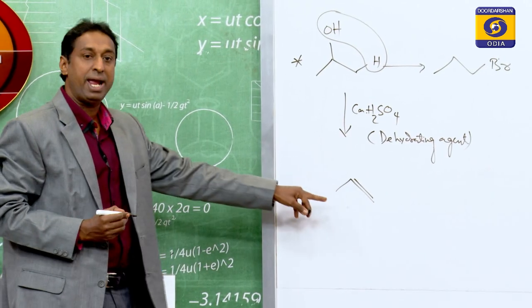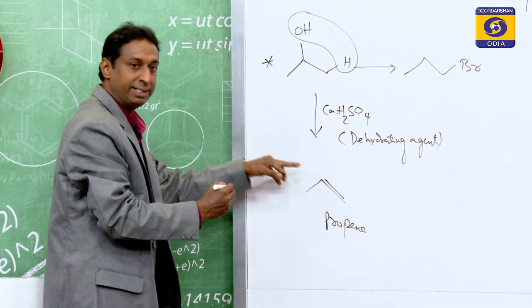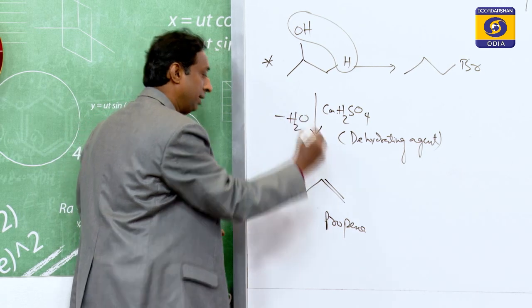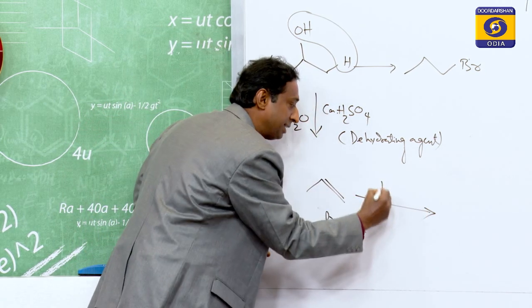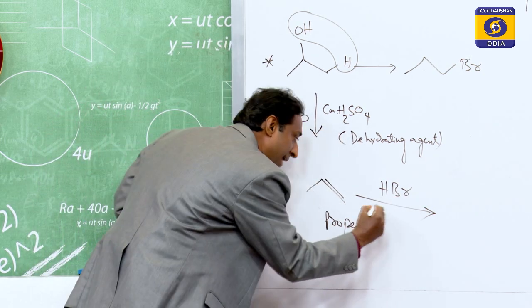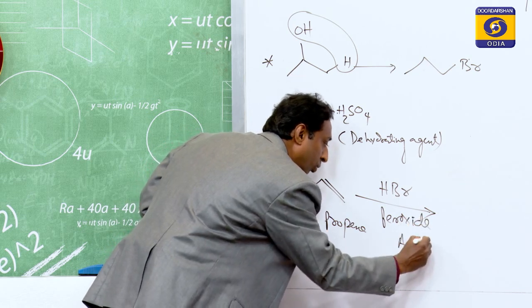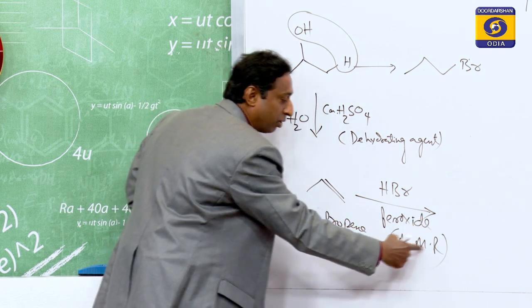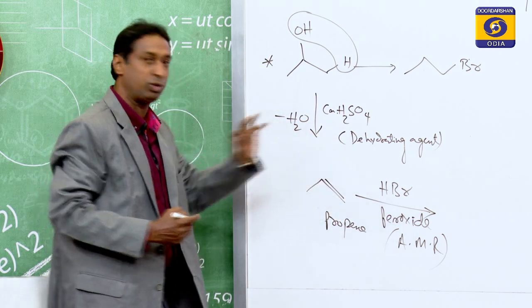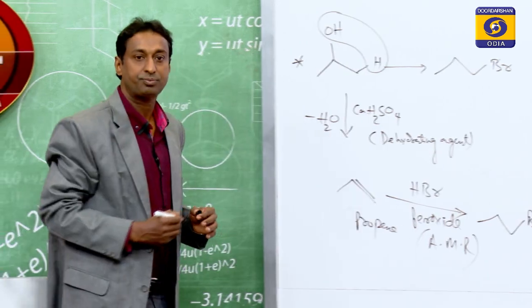This is called propene, by dehydration, removal of water. Then you add HBr and a peroxide. This is called anti-Markovnikov's rule, AMR. Addition of HBr in the presence of peroxide gives you this compound.